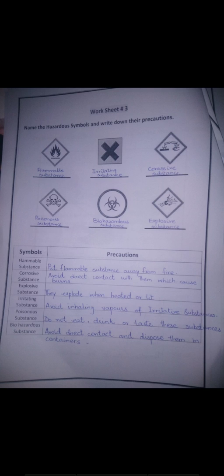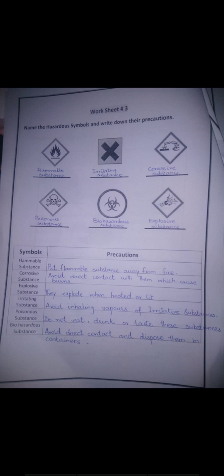The first symbol is of fire, so it is a flammable substance, like petrol, alcohol. Then irritating substance, then corrosive substance that can burn your skin, poisonous substance that will kill you, biohazardous substance that has a bad effect on your living cells, and then explosive substance, which can explode.